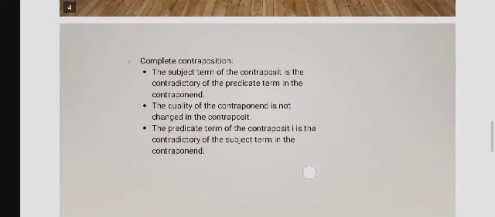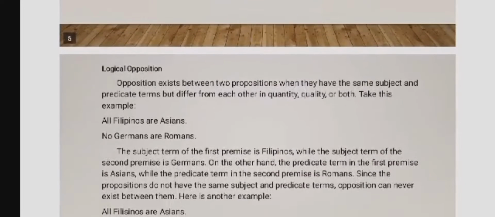And then, logical opposition. So, sa logical opposition ay nag-i-exist kapag ang dalawang opposition ay nagkakapareho ang subject at predicate terms pero magkaiba ng quality and quantity.